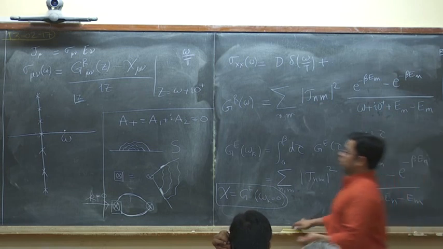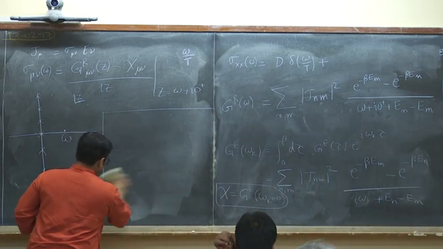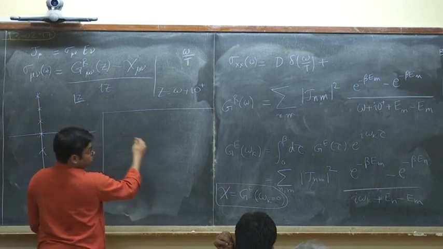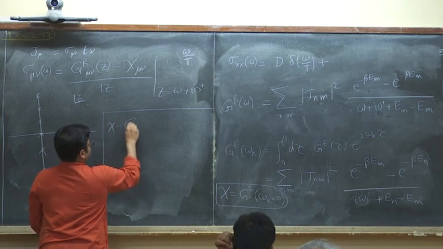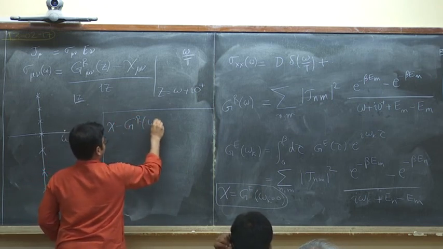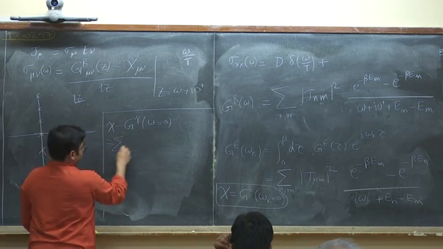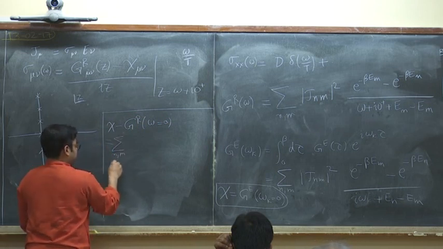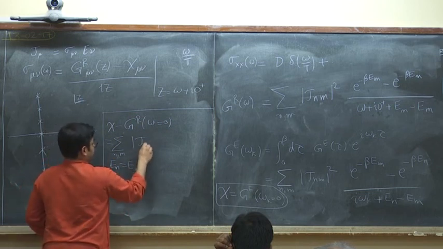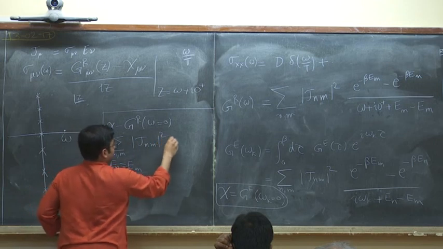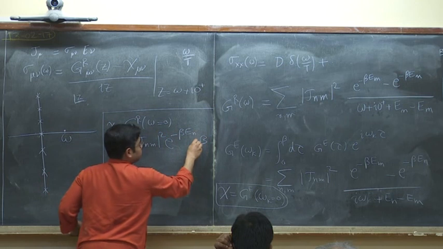So if I write, erase that. So chi is actually bigger, because chi has more contributions. So chi minus G retarded at omega equal to 0 is equal to the sum over n and m with energies equal of J_nm squared e to the minus beta E_n times beta.